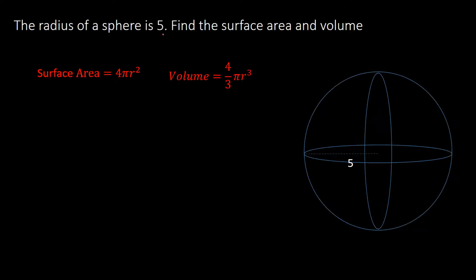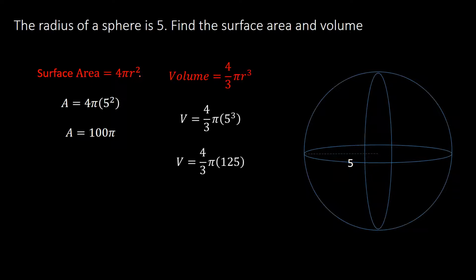Here the radius is given to you as 5, so you plug 5 in for the radius and solve. You have 4 times pi times 5 squared, which gives 25 times 4, which is 100 pi. For the volume, you plug a 5 in for the radius again. You have 4/3 times pi times 5 cubed. 5 cubed is 125, and 125 times 4 divided by 3 gives you 500 pi over 3.